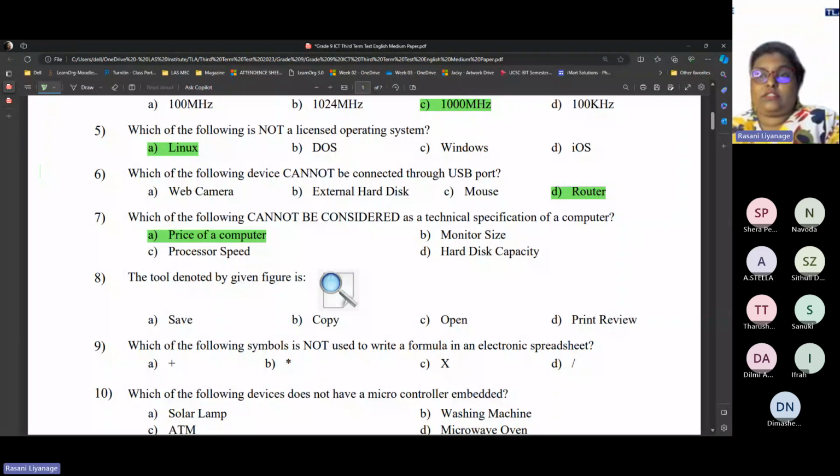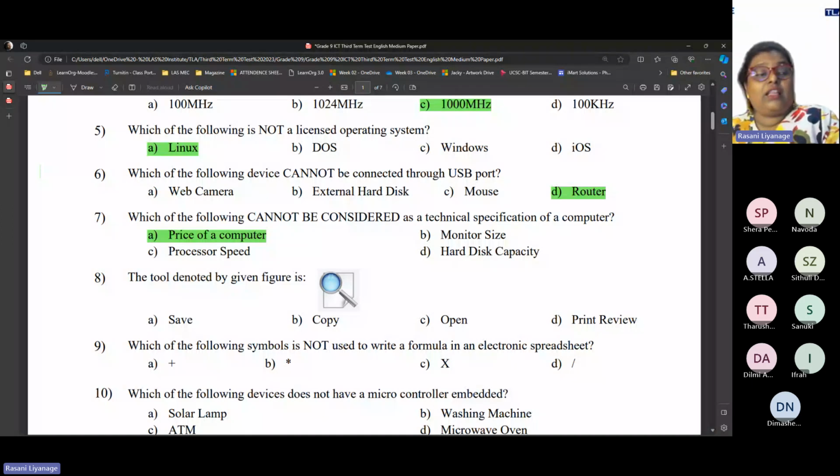Right, this one. What's this item? Save is the floppy disk. Copy is the one with the 2 pages. Open is the folder. So this is obviously print preview. Now, even you can see here, there's a similar icon that is find.